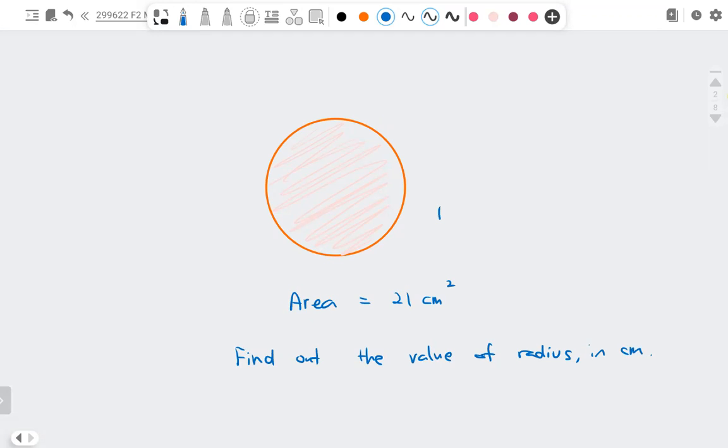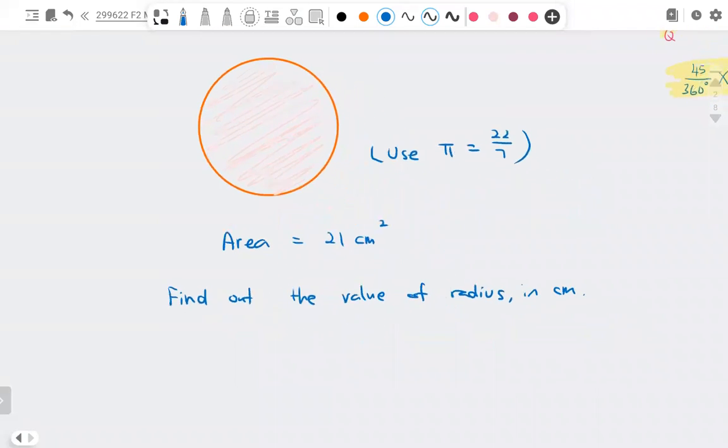Here use pi equal to 22 over 7. So without any tips or guidance, I need your answer. You have to form the equation by yourself and then you switch.